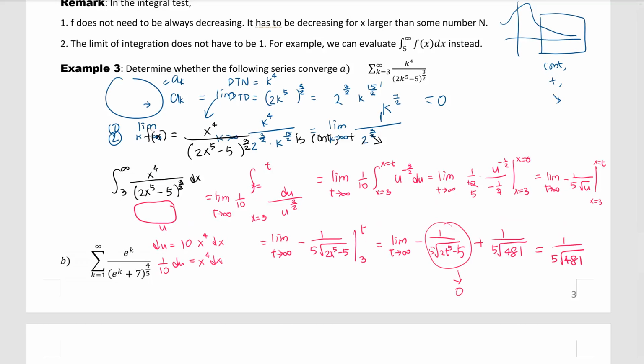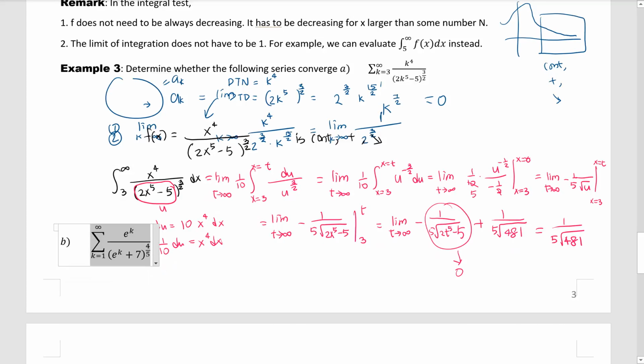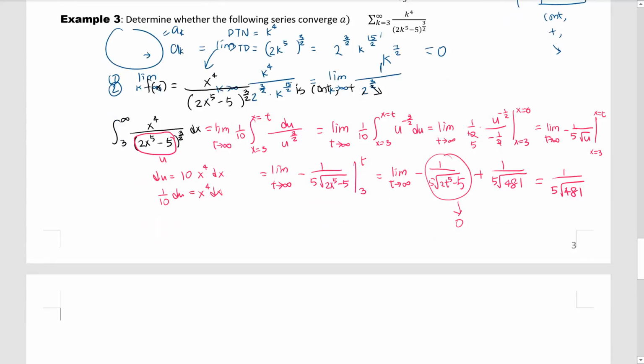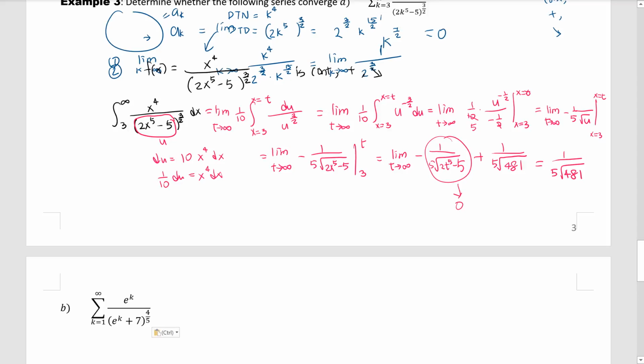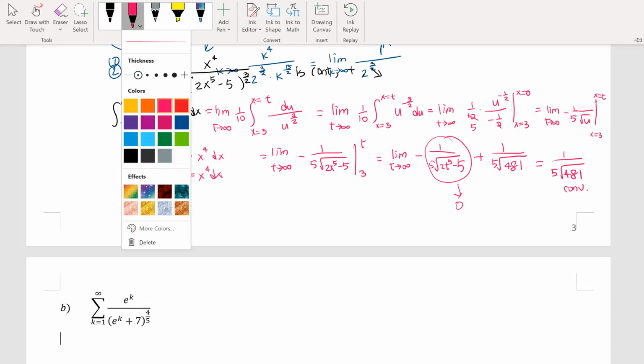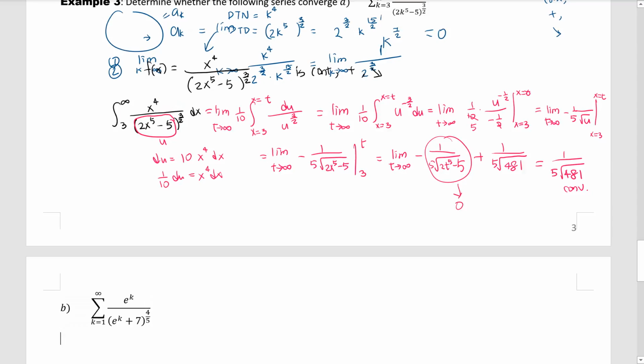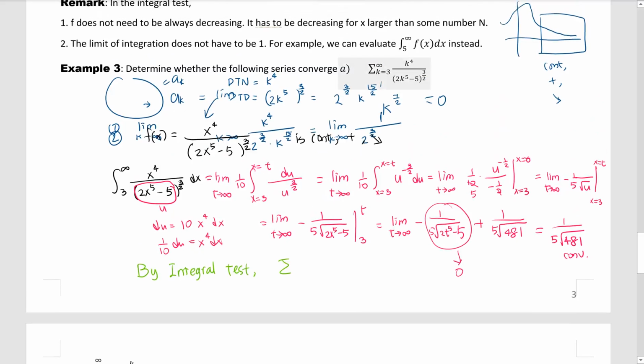Okay, okay, so how do I say? Okay. Okay, so because the integral converges, then we say, let me emphasize, then we say by integral test, okay, our series, oops, where is our series?